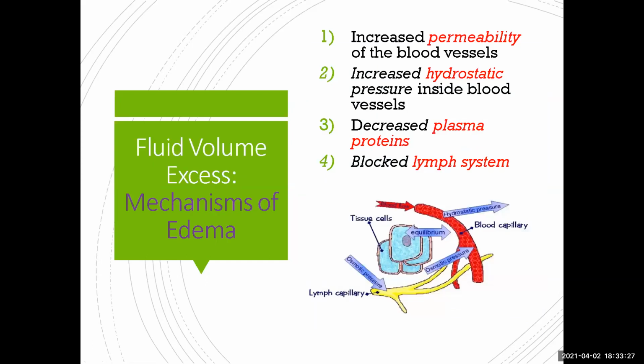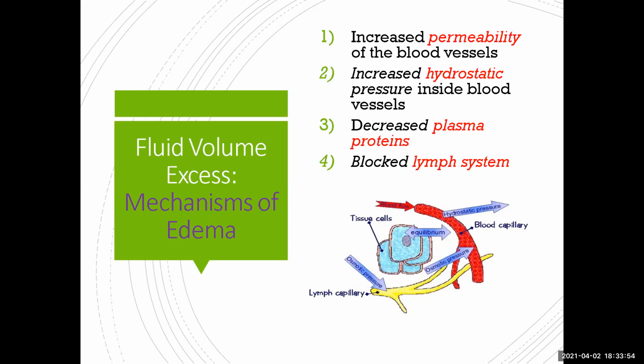So another reason for fluid volume excess, the mechanisms of edema. I know this slide might seem a little confusing, some of the slides, but basically there's gonna be a few slides that now talk about the mechanisms of edema. All right.